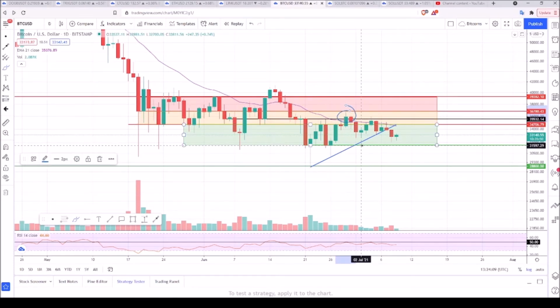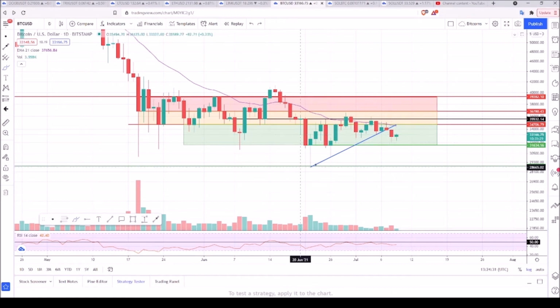We attempted to break out, we attempted to take EMA and resistance, and we failed, and since then we have just died. So the only bull case that I really saw that anyone could point out to me was this sort of uptrend, this series of higher lows here, that of course has now failed, and we've broken down below that uptrend.